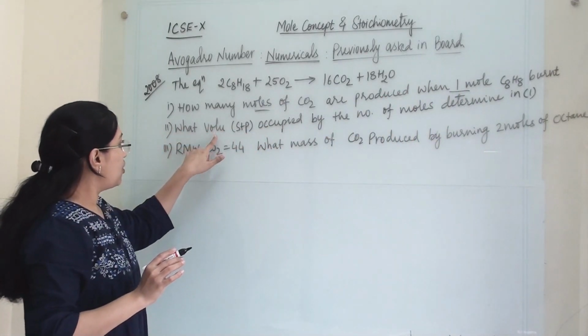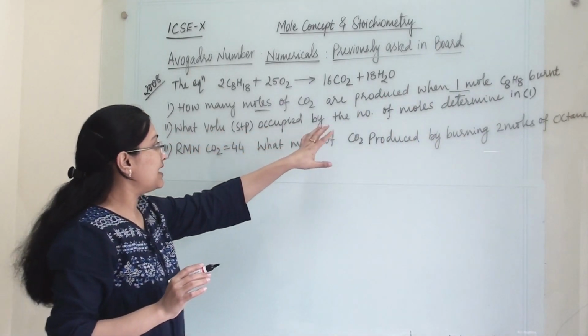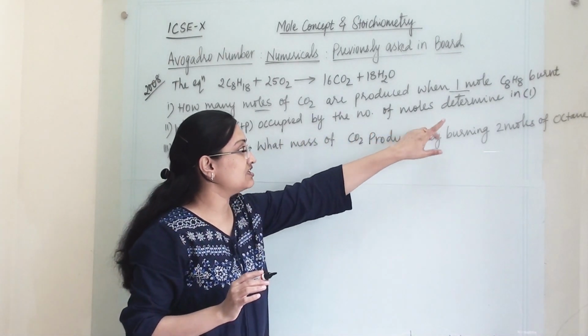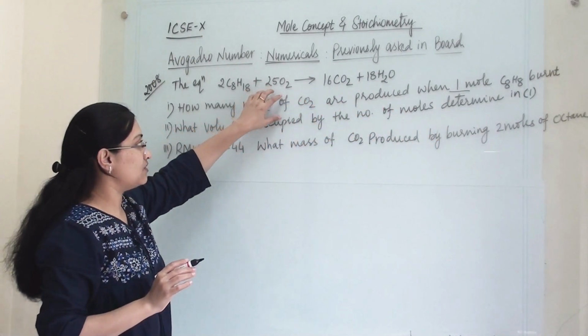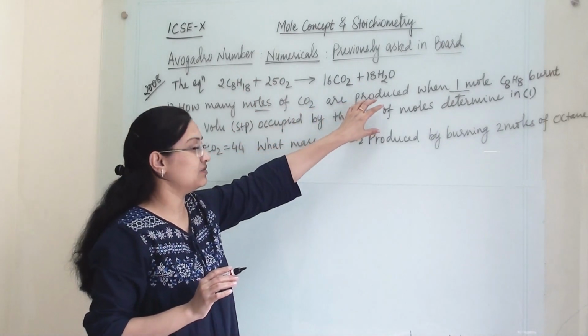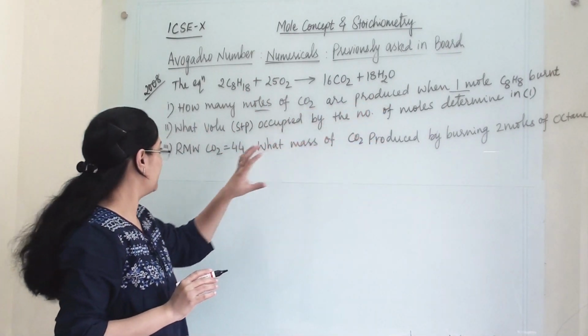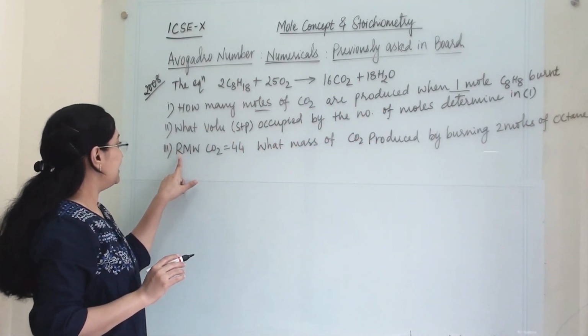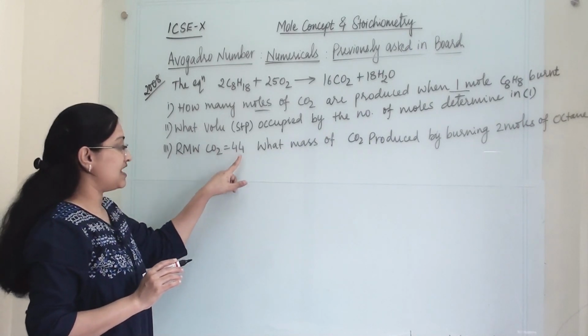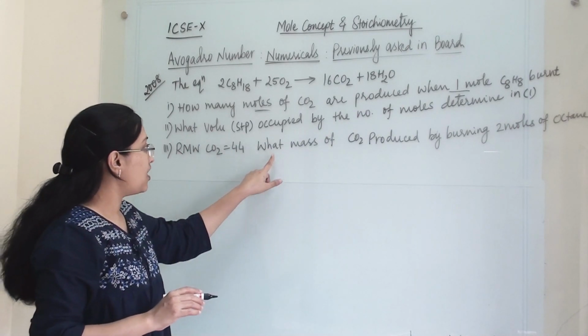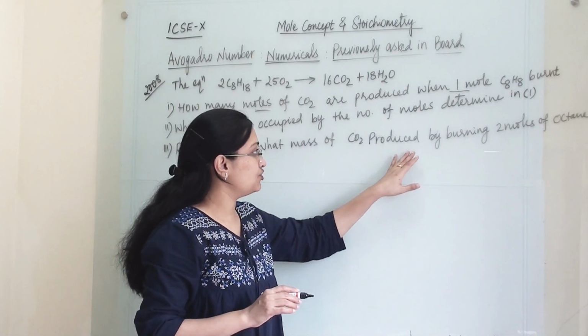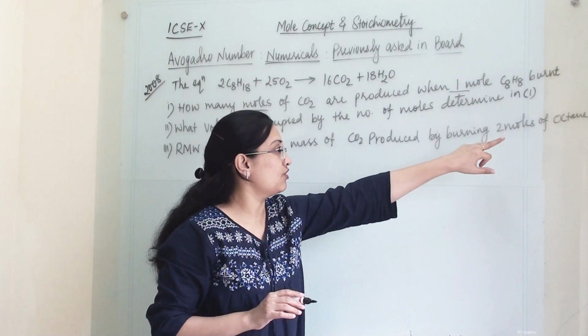Second, what volume at STP is occupied by the number of moles determined in 1. So first we will find the number of moles, then we will find how much volume it will occupy. Then third, the relative molecular weight of carbon dioxide is 44. What mass of carbon dioxide is produced by burning 2 moles of octane?